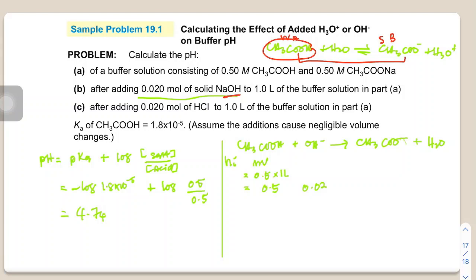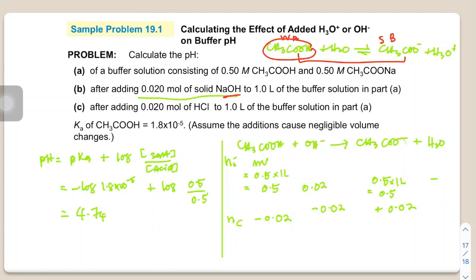Acetate ion that comes from our sodium acetate is 0.5 multiply with 1 liter, which is equal to 0.5 mole. H2O dash. Then mole change is minus 0.02, minus 0.02, plus 0.02.